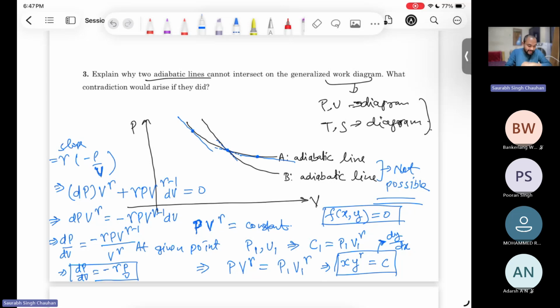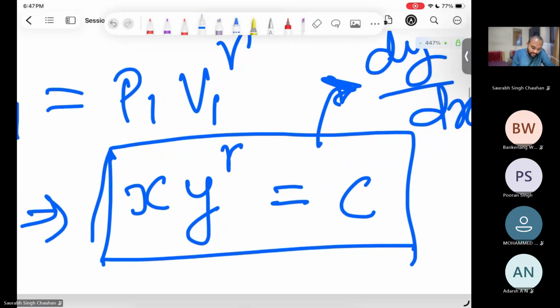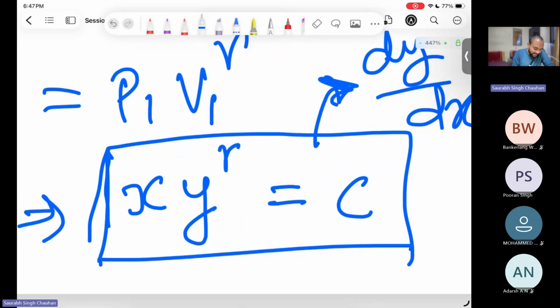For any process in which we have this type of equation, x times y to the power of some constant, gamma is not changing, first of all. That can have different values, for example, gamma can be 1.33 or 1.4.